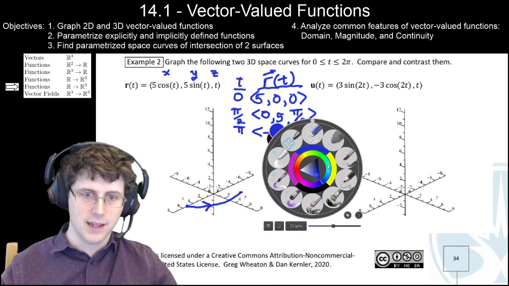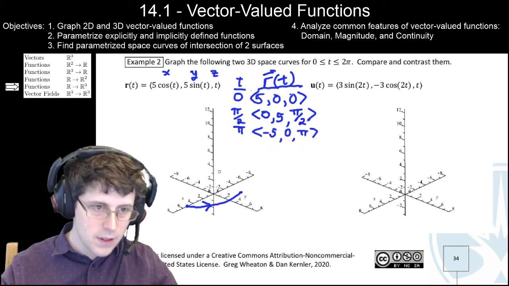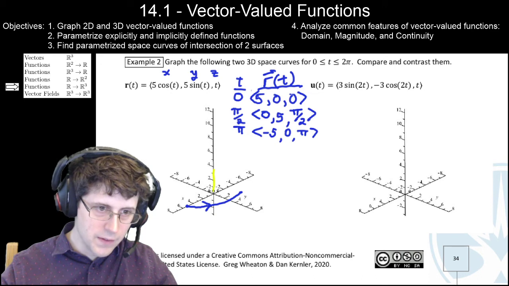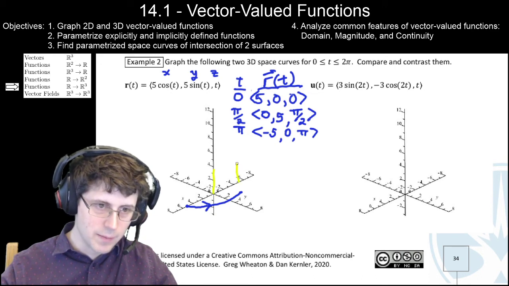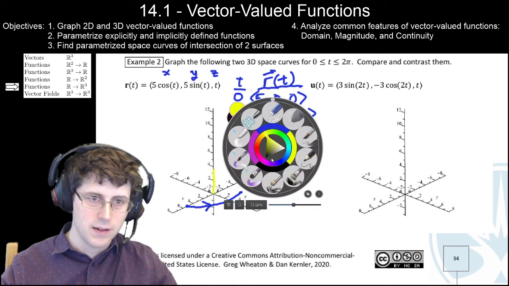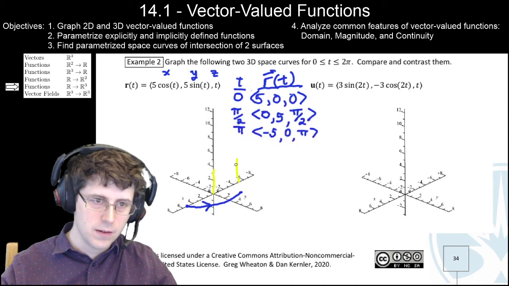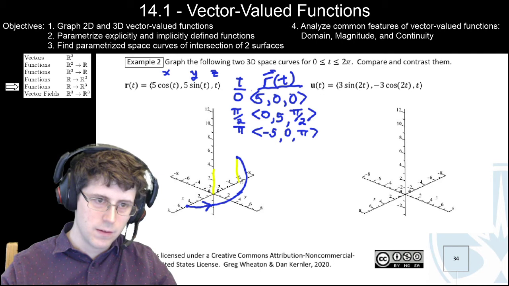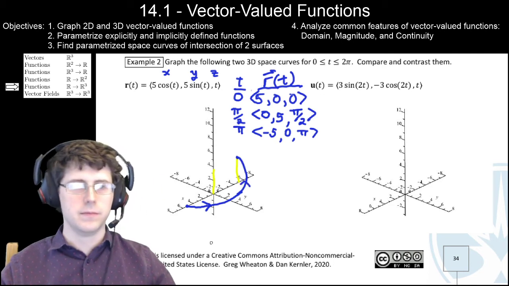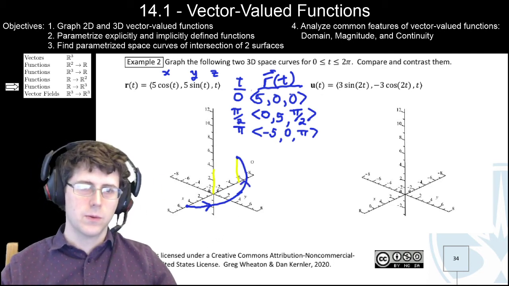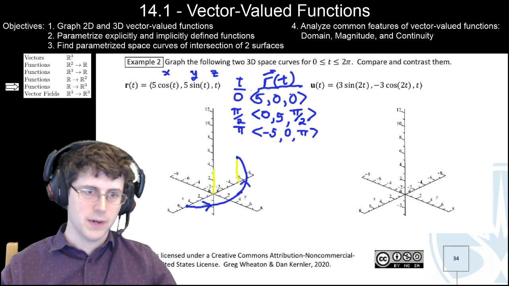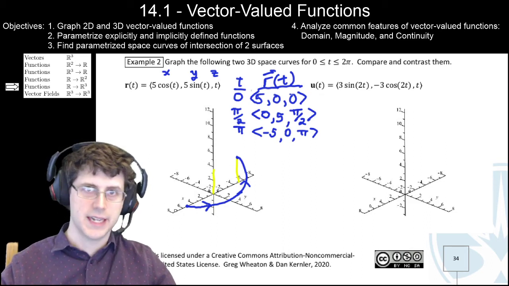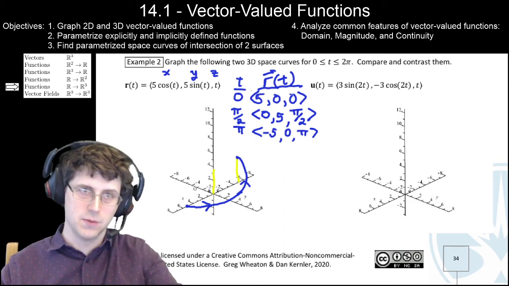Remember this trick: if you want to go up by 3, you go over here and you go up by the same amount. So I can see now what's going to happen. I go in a circle as far as x and y are concerned, but z is just rising over time.